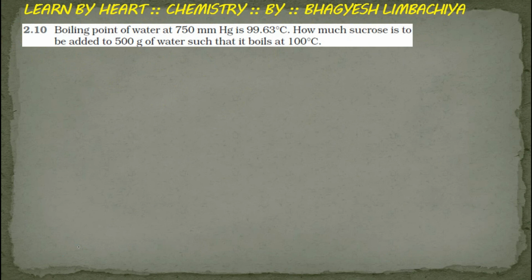Next, the boiling point of water at 750 mm Hg is 99.63 degrees Celsius. So how much sucrose is to be added to 500 gram of water so that it boils at 100 degrees Celsius? This one is the TB and this one is T0B.